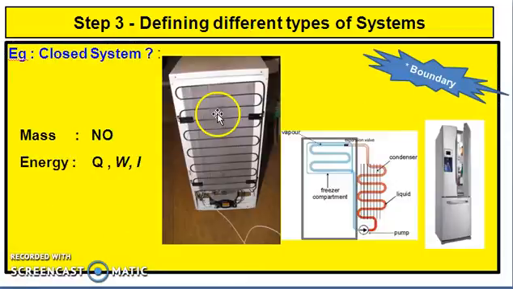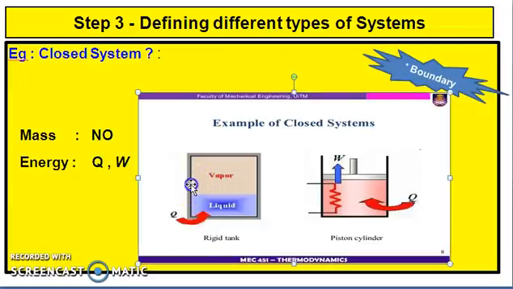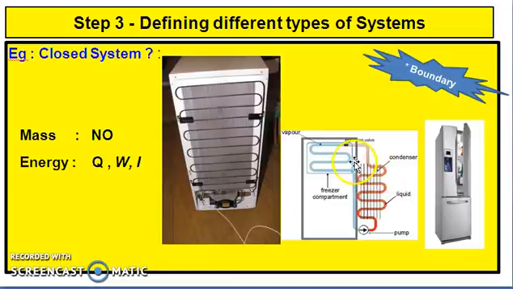Coming to the next one, a closed system. No mass interaction, only energy interactions. If we take a piston and cylinder, a typical example, it's totally closed to mass interaction. Heat crosses the boundary, the piston moves, thereby there is a work interaction between the system and the surroundings, characterized by the boundary.